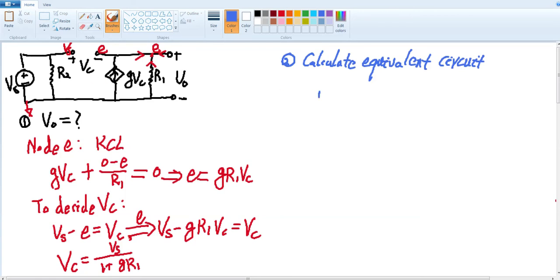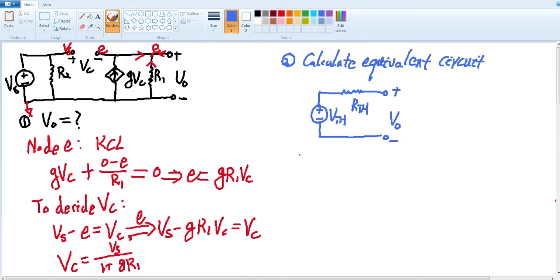So in the end, we would like to build up an equivalent circuit like this, which contains only one independent source and one resistor in series. So this is VTH and this is RTH. We would like to decide on the value of VTH and RTH.